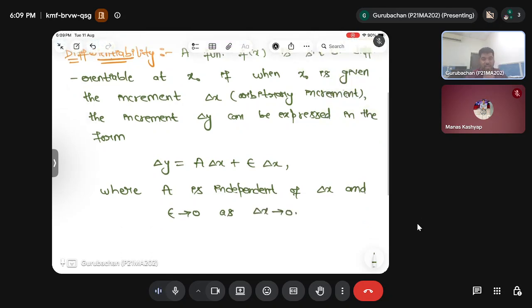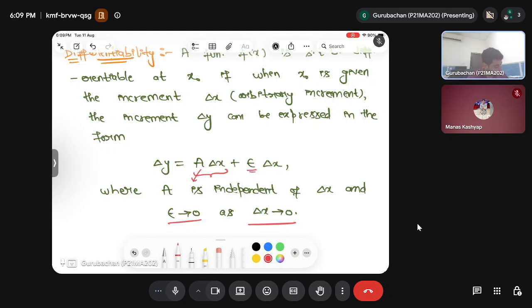Whenever we have this kind of expression, where a is independent of x and epsilon goes to 0 as delta x tends to 0, then we say our function f is differentiable at the point x naught. And this term is known as the differential of this function, denoted as dy. This is the exact increment in y, and this is a linear approximation.